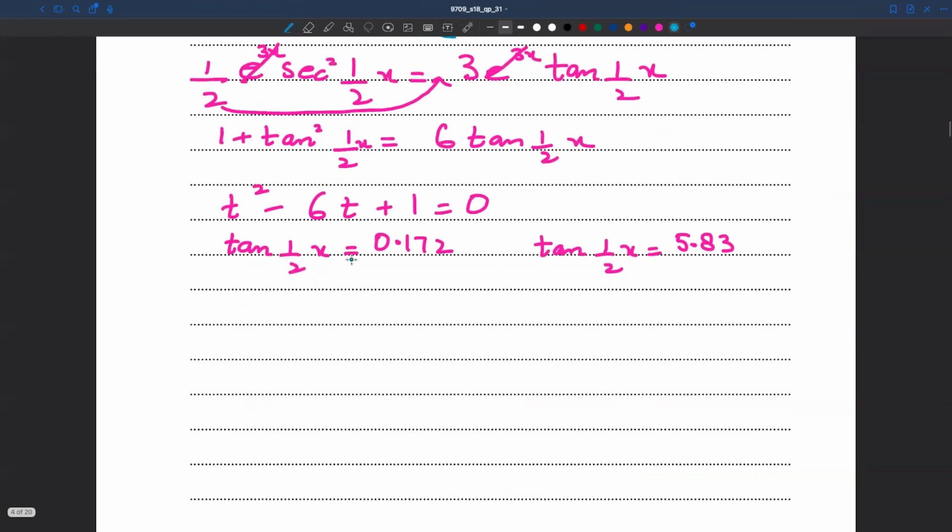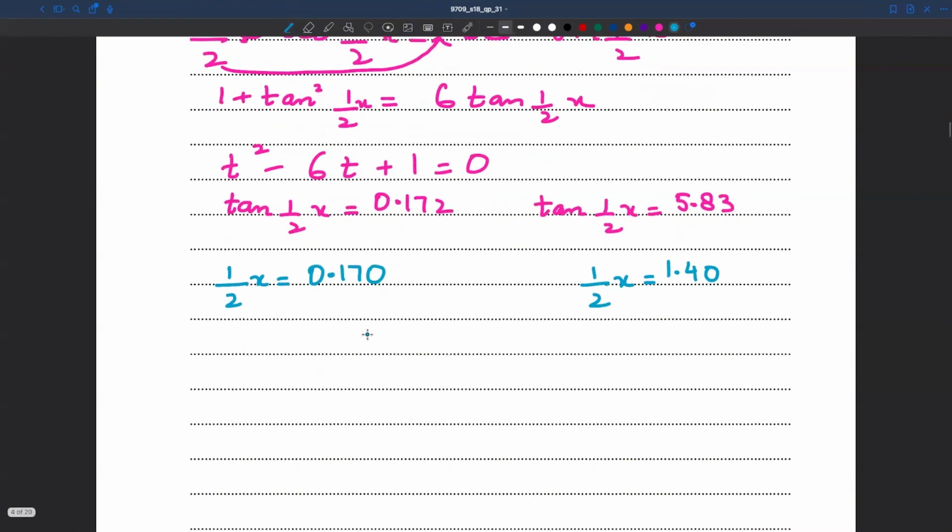So what is tan inverse of 0.172 in radians? 0.170. And tan inverse of 5.83 is 1.40, but 1.40, that's enough.